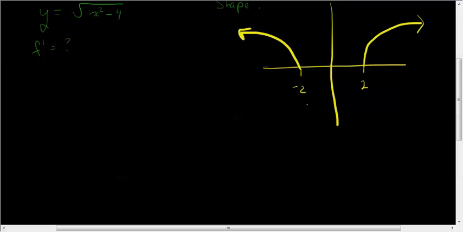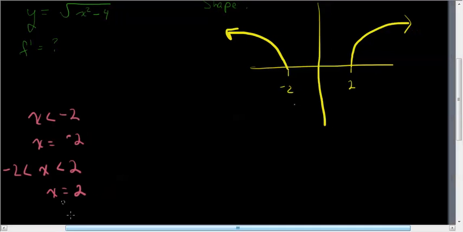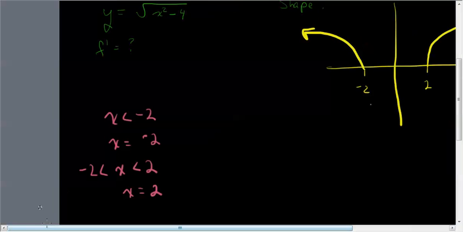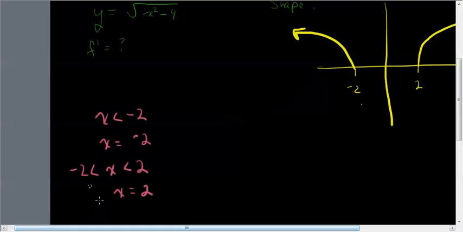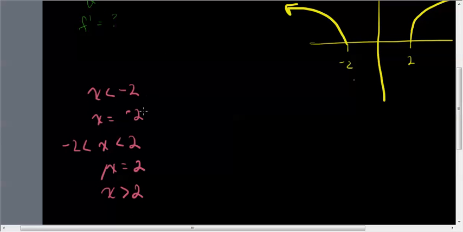Our pieces are when x is less than negative 2, when x equals negative 2, when x is between negative 2 and 2, when x equals 2, and when x is greater than 2. Yeah, I get near the bottom and things don't like me. Okay, so these are my 5 pieces.